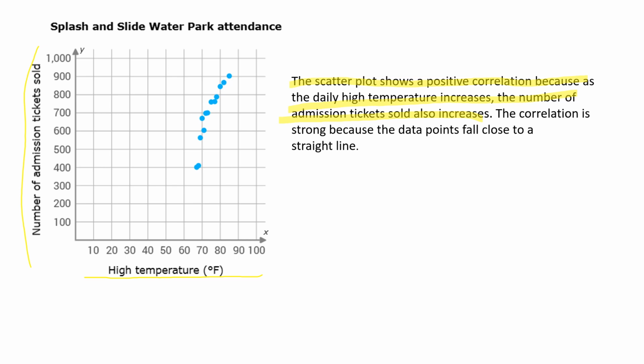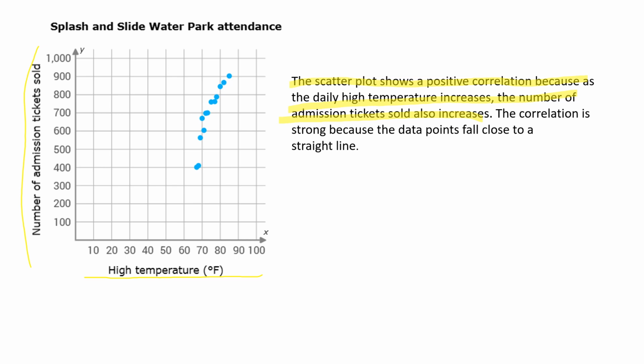The other stuff, you could say that too, but that's fine. But that's what I want you to do in the yellow. The yellow is what I need for you to describe every correlation when I'm giving it to you as a graph.